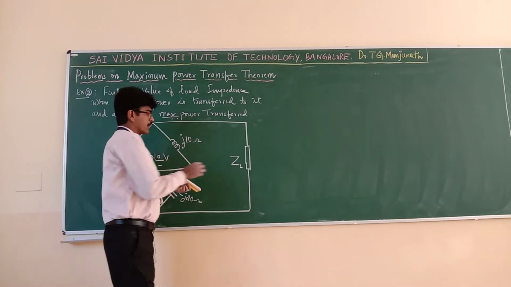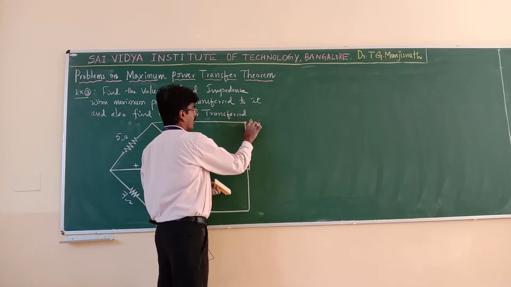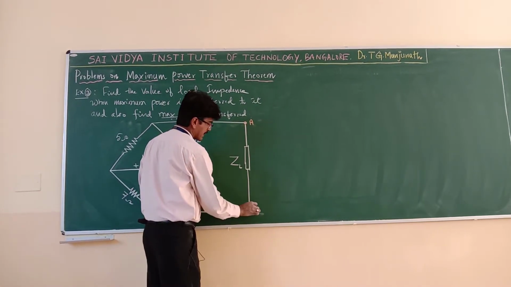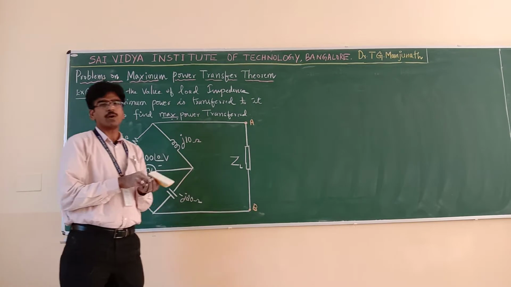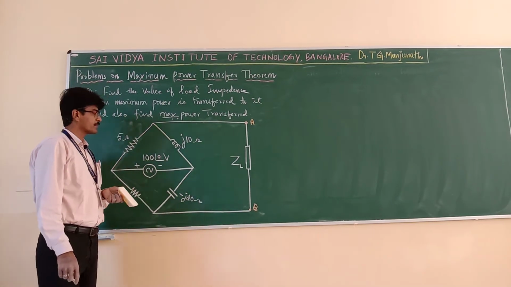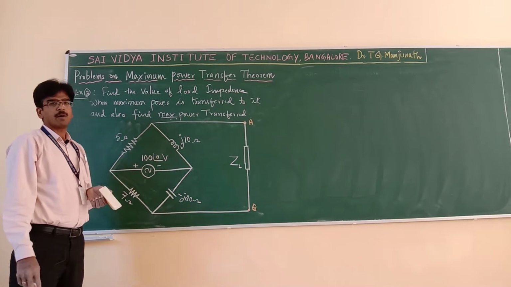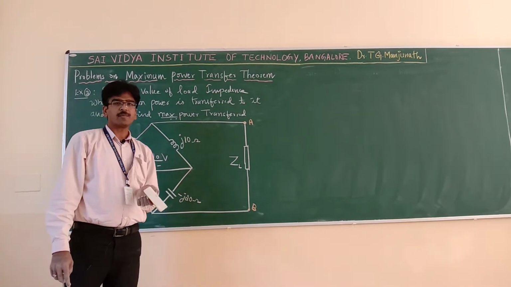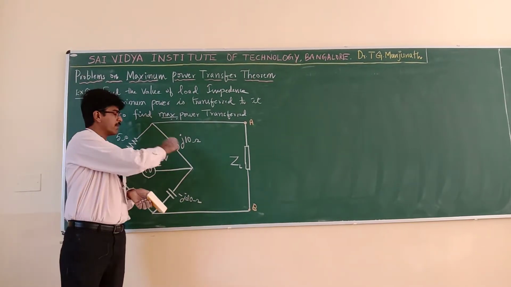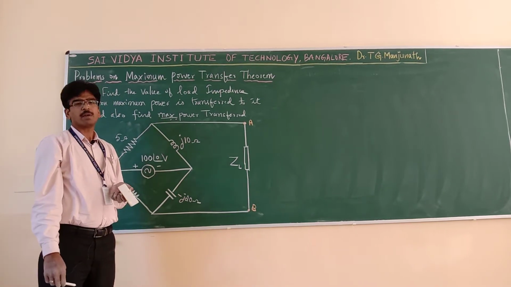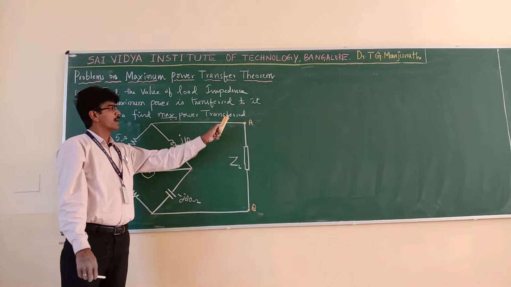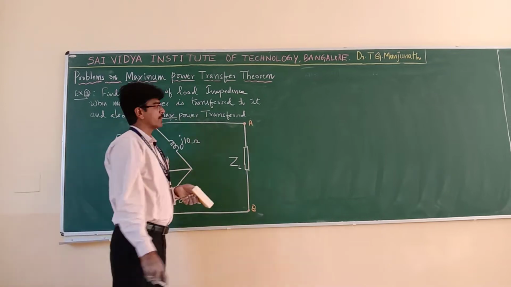Since this is your load impedance, let us mark the load terminals as A and B for your reference. Now, when you are solving any problem on maximum power transfer theorem, first you have to convert the given network into Thevenin's equivalent circuit across the load terminals.